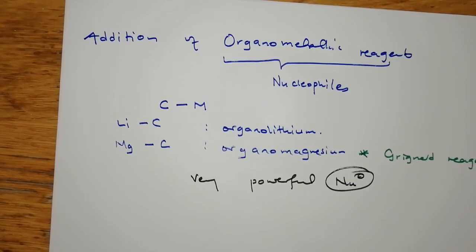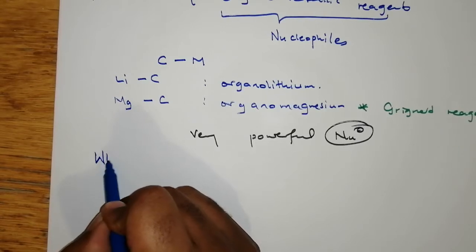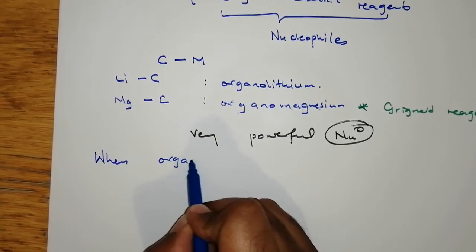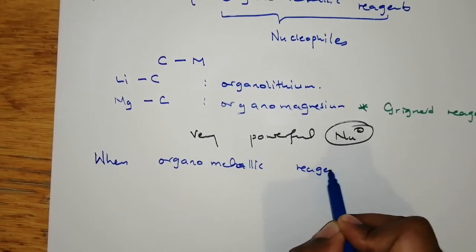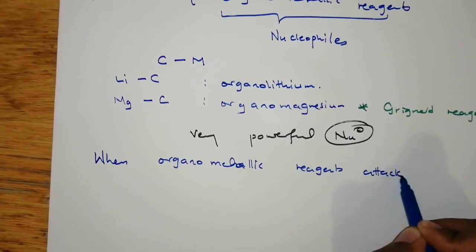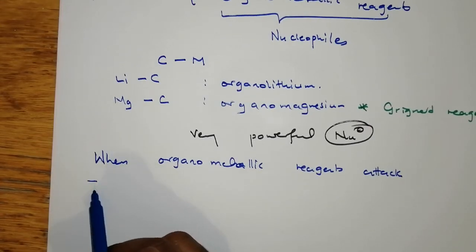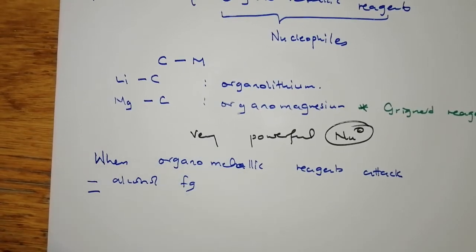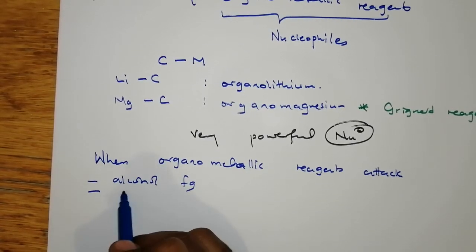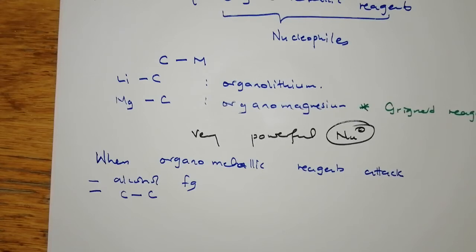Also I want us to take note: when organometallic reagents attack, they are going to form two things. There's going to be an alcohol functional group, and also a carbon bond is going to form.